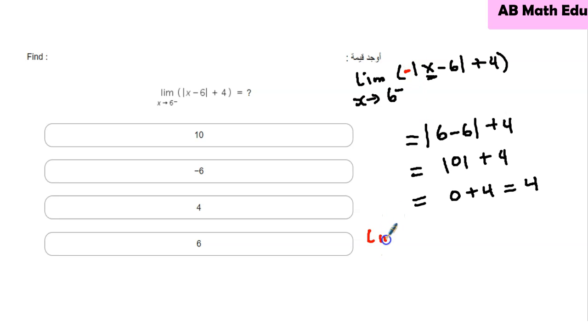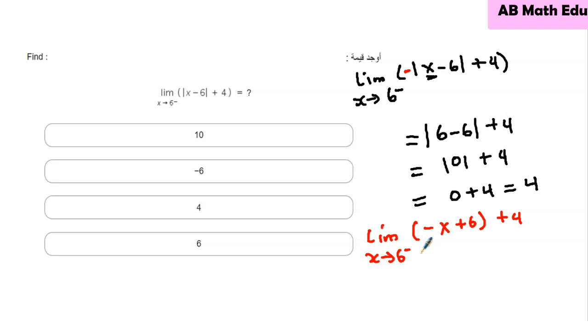So it's going to be the limit as x approaches 6 from the left, and here is going to be negative x because it's negative. So negative x, and negative, this will be positive 6. And then this is just a number, so plus 4.